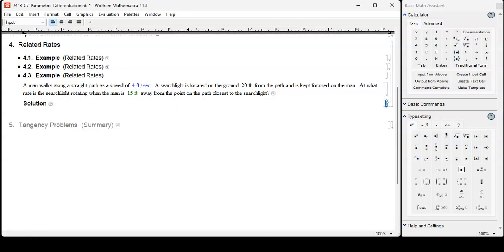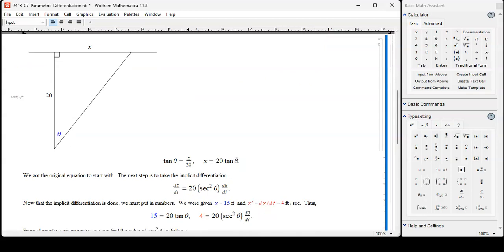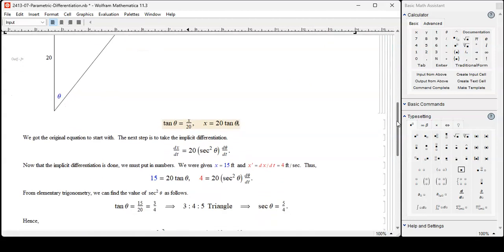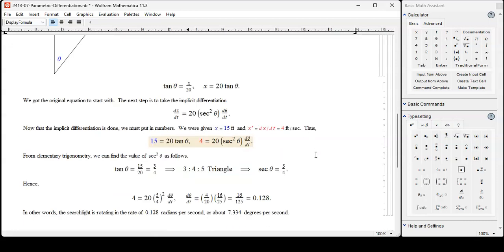Let's see, what did I do in my answer key? Here is a 2D picture, x is 20 tangent of theta, that's the same. Taking the derivative, we have secant squared. Plugging in the numbers, we have the relation on tangent, and then the one with secant squared. And here I use geometry. Instead of using the trig identity, tangent is 3/4, so 3/4 triangle.